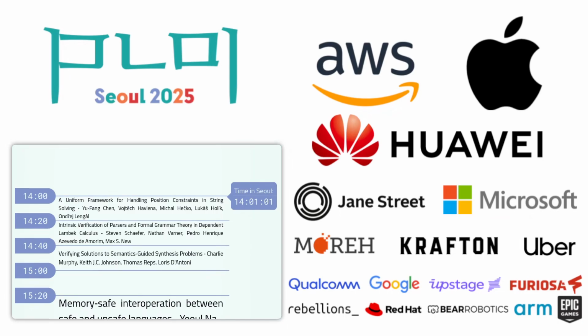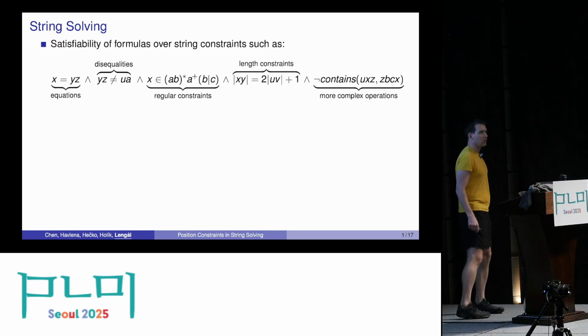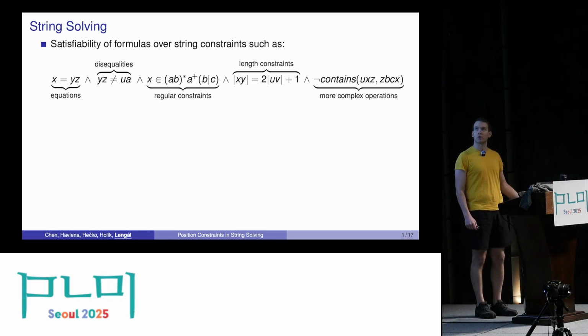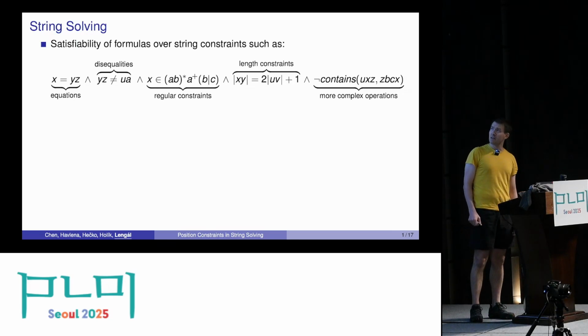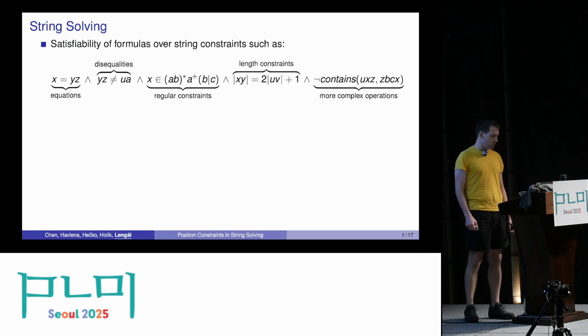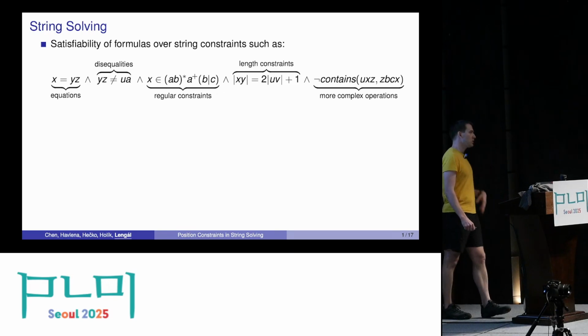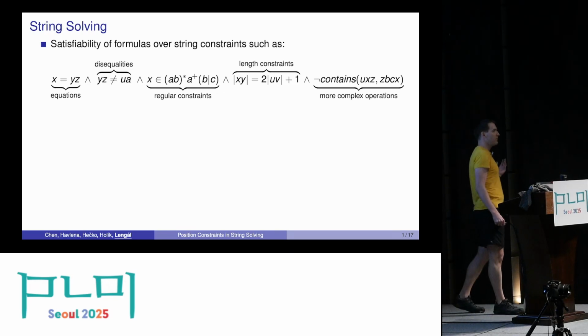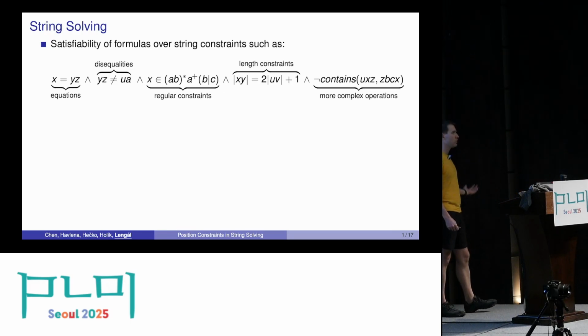So what we are talking about here are string constraints. String constraints are constraints in the SMT theory of strings. So you have a first order logic that is treating the string as some basic data type. And the constraints look similar to what is written in this slide. So you can have some equations, you can have some disequalities, these can be of some variables, or of concatenations of variables, potentially with some constants inside.